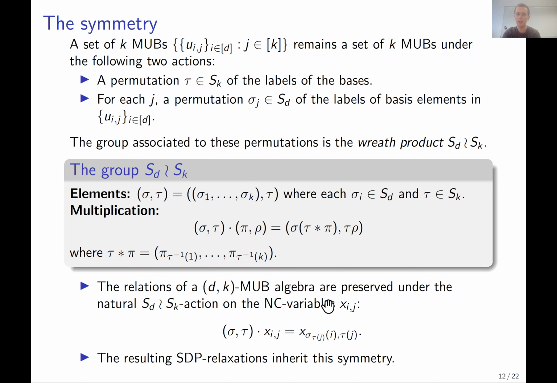You can permute the non-commutative variables by just applying sigma and tau to the indices of the variables. So the MUP algebra is preserved under this action, and it then follows that the SDP relaxations also inherit this symmetry.